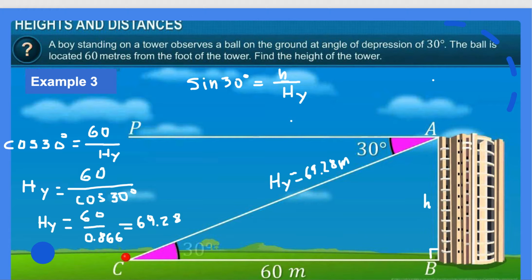Now we are in a better position. We want to solve this equation for H. If we want to solve for H, we multiply the whole equation by the hypotenuse HY, and this implies that the height H is equal to the hypotenuse times sine of 30 degrees.